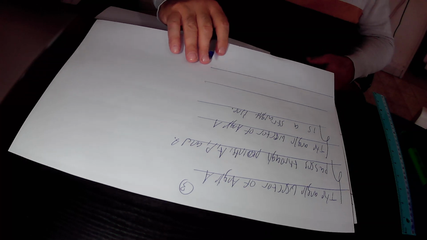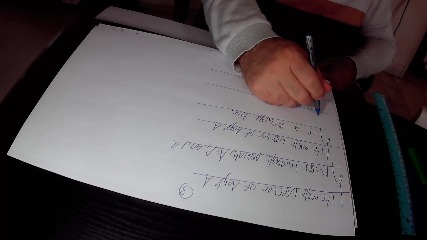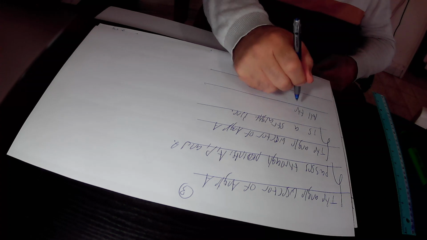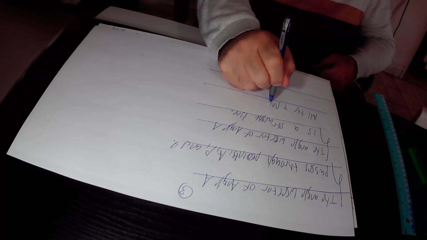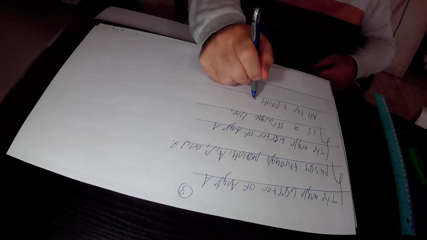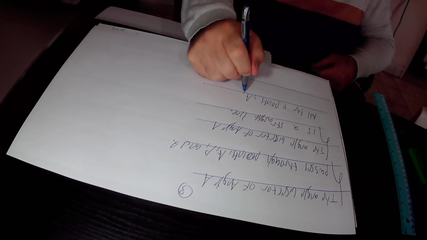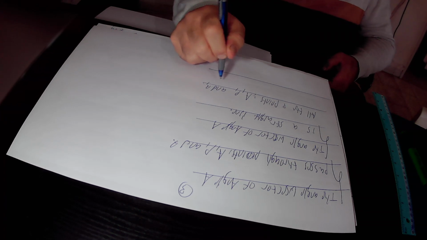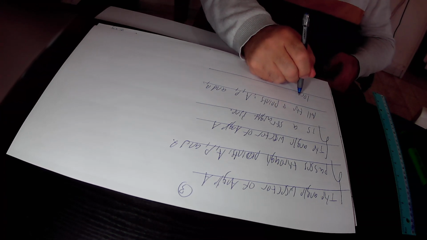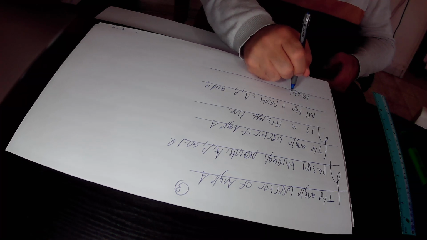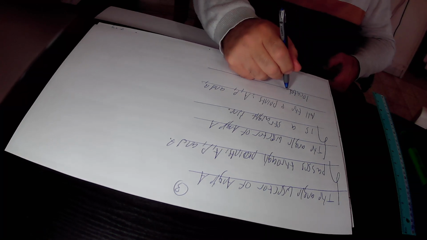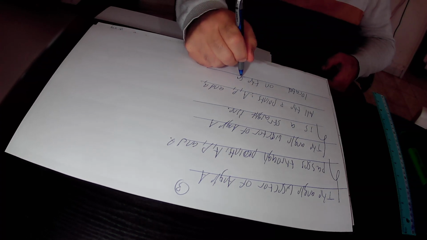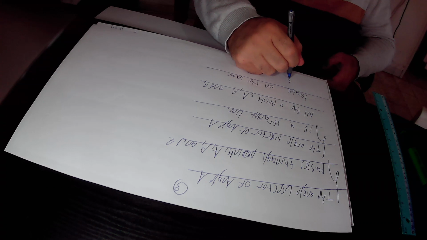So in conclusion, all the 3 points A, P, and Q are located on the same straight line.